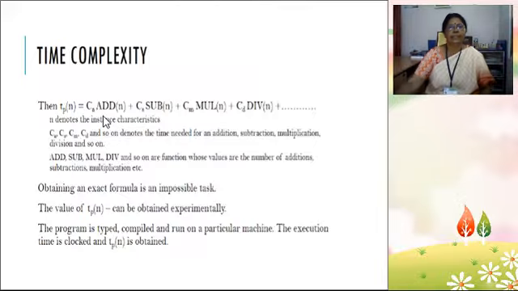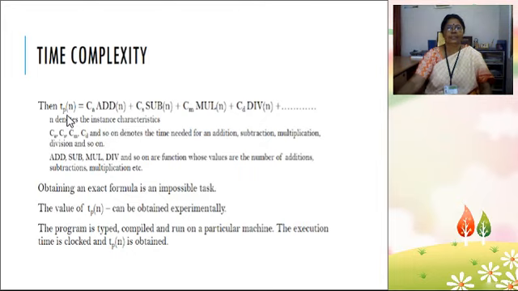Likewise, say CA into ADD of n. ADD of n is the number of additions in the given algorithm. CA is the time taken for one addition. Likewise, we add the number of additions multiplied by time, number of subtractions, number of multiplications and number of divisions. So totally we get the time complexity.